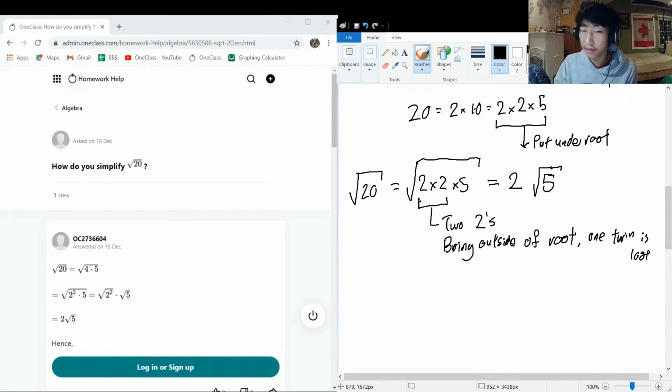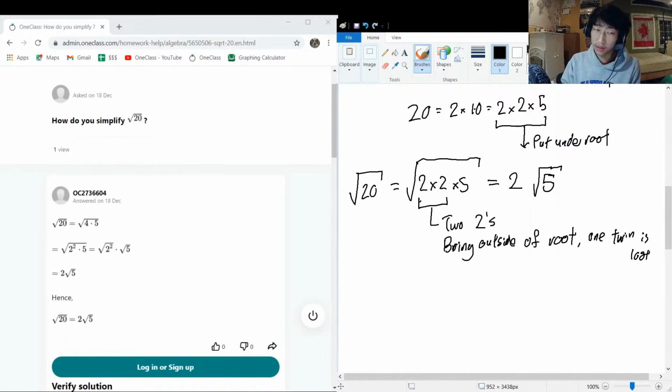2 times root 5. And when we look at the 5, the number under the root, could we simplify that? Can we factor 5? Not really, because 5 is a prime number. Can't factor prime numbers into anything smaller, so we can just leave it at this. Another way you can think about it is to try to see if you have perfect squares.